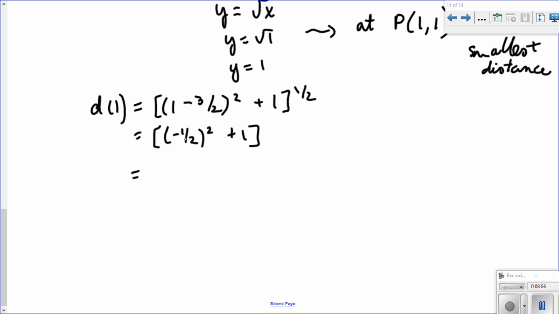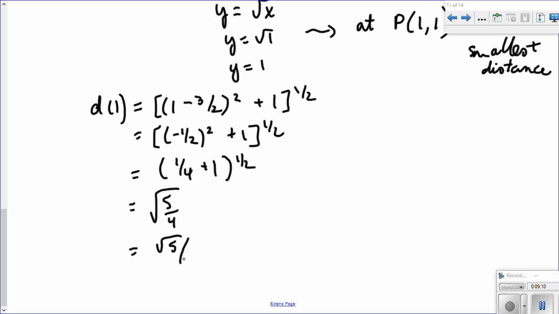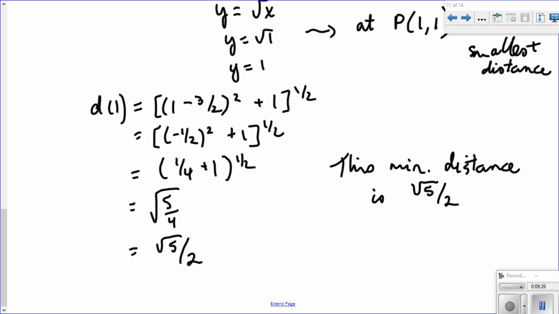Negative 1 half squared is 1/4, plus 1, that's 5/4, and then the square root of 5/4, what do we write that as? So this minimum distance is square root of 5 over 2. That's it for that one.